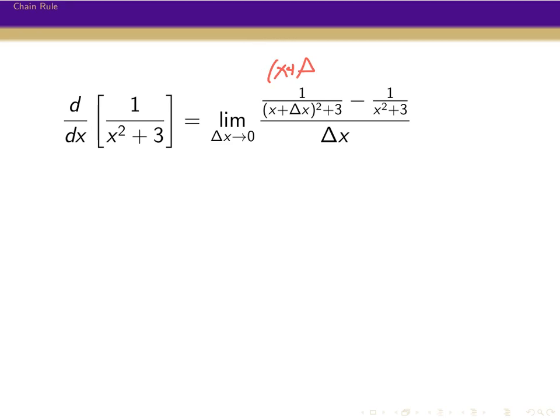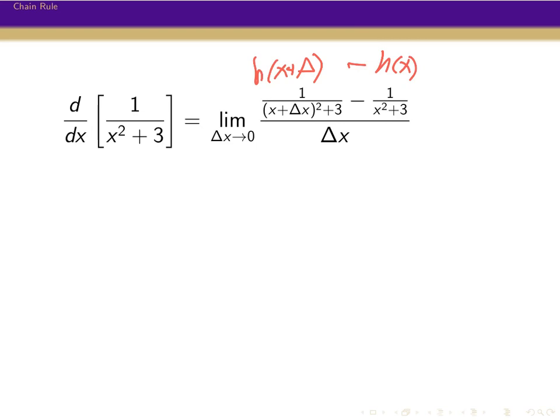Let's call it h, minus h of x. If I'm plugging in x plus delta x for x, I get 1 over x plus delta x squared plus 3, and then minus 1 over x squared plus 3.